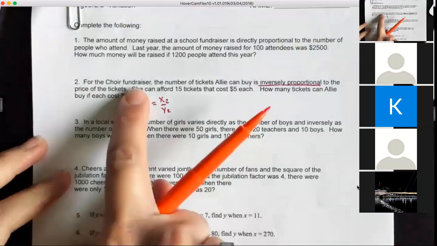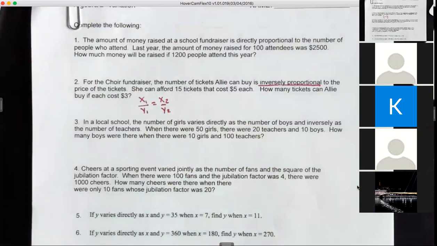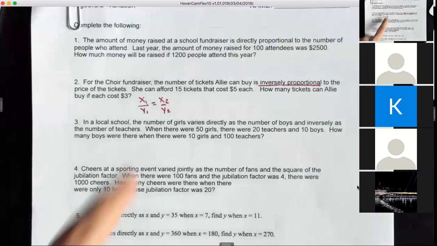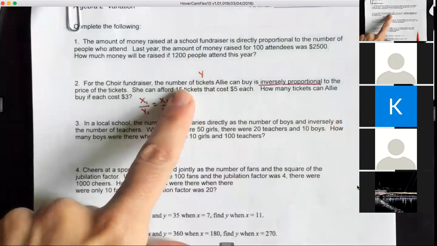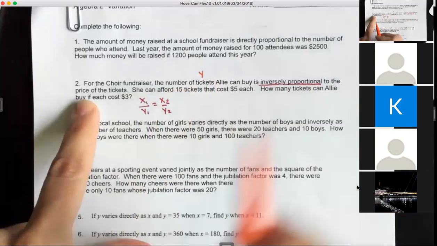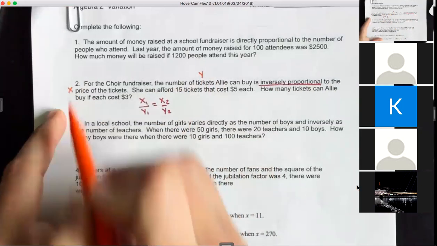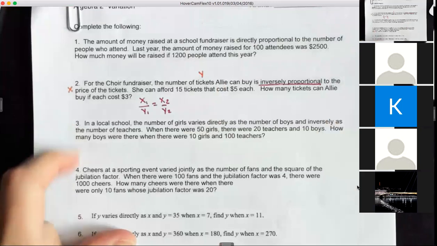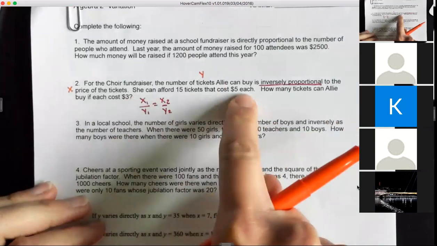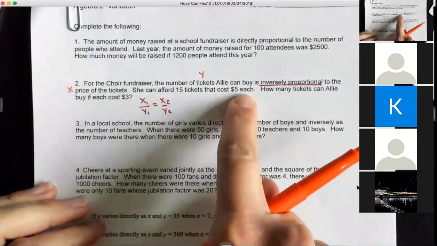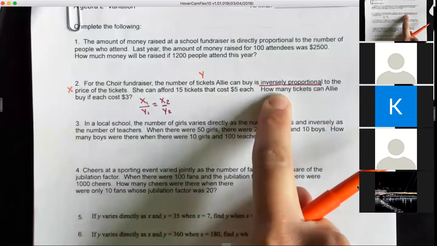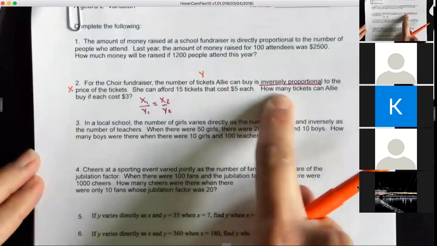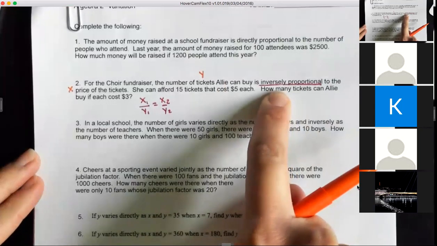So this part, Choir Fundraiser, really has nothing to do with it. It's talking about the number of tickets. The number of tickets is our Y, inversely proportional to the price, so that's our X. Information that gives us a basis is always before the question. Anytime we look at where the question is find, how many, or how much, this is where the Y2s and X2s show up.